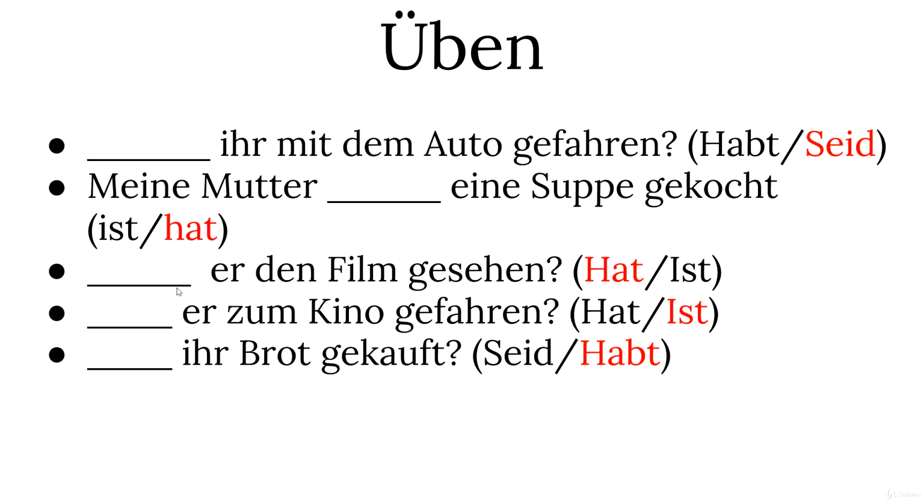Gekauft, kaufen. There isn't movement, therefore habt. And because this sentence is a question, just like the two sentences before, the verb habt or ist would come first, right before the pronoun. Habt ihr, ist er, and so on.